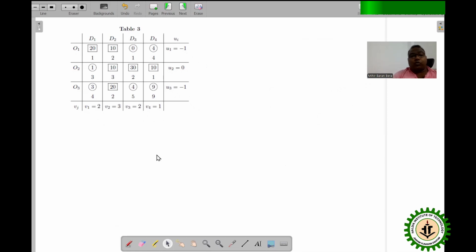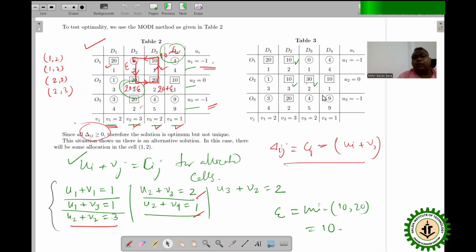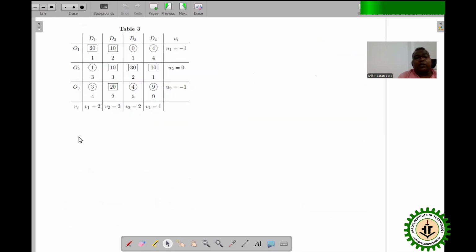So we are here now to find out. I have already shown in this cell how the allocation has been done. Now how are we calculating this? Once again, in this situation you are getting U1 plus V1 equals 1, U1 plus V2 equals 2, U2 plus V2 equals 3, U2 plus V3 equals 2, U2 plus V4 equals 1, and U3 plus V2 equals 2.